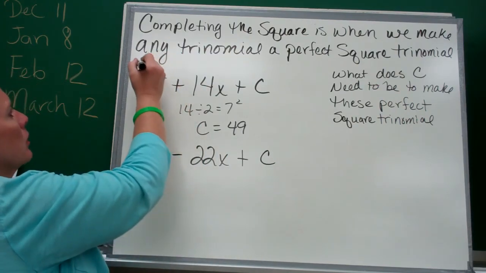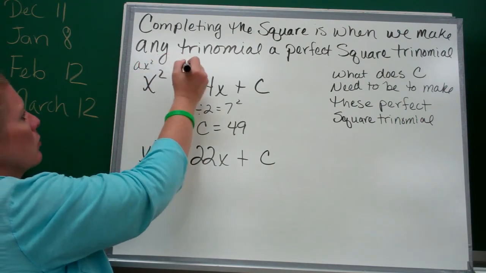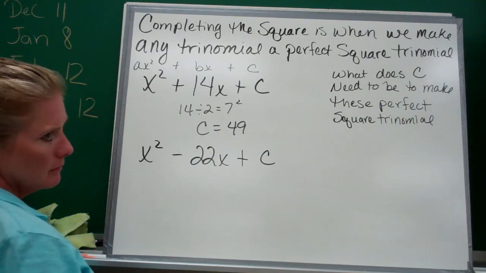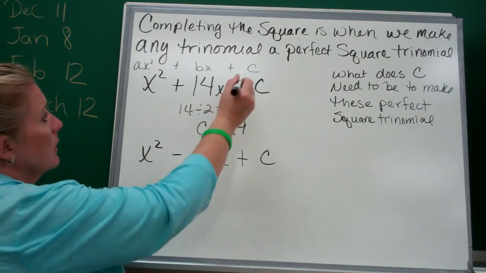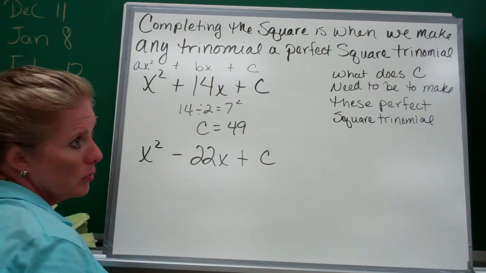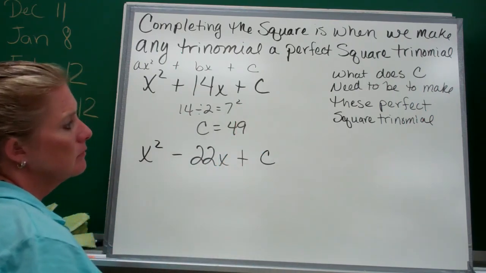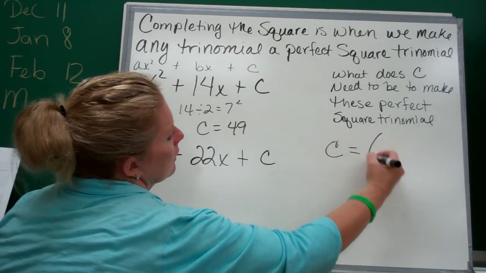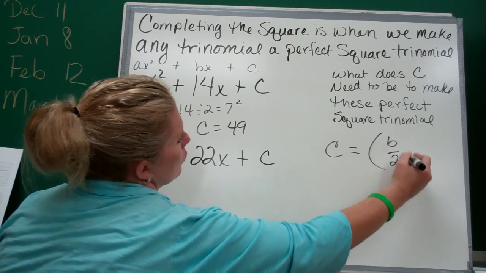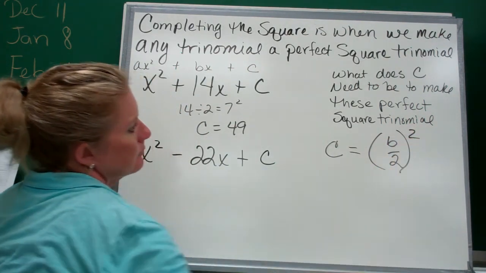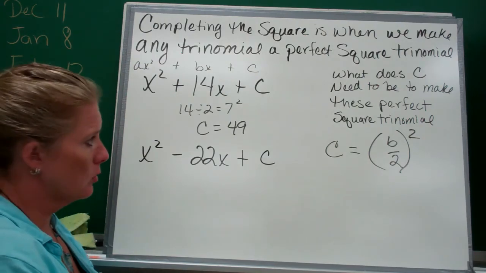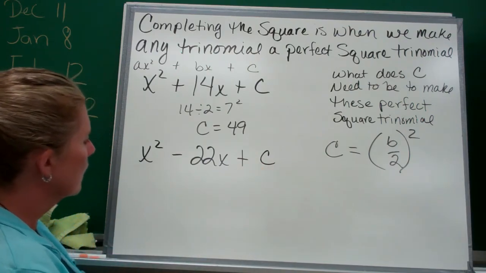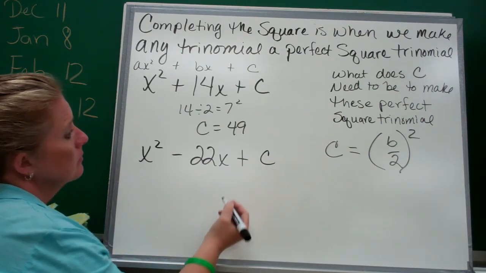Remember in your standard form, ax squared plus bx plus c. In the perfect square trinomial, c is equal to (b over 2) squared. So, the next one, we want to find c.